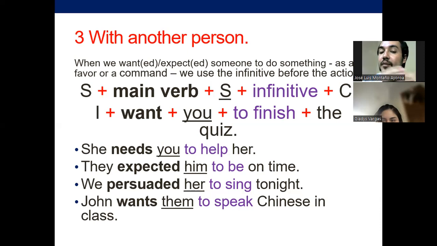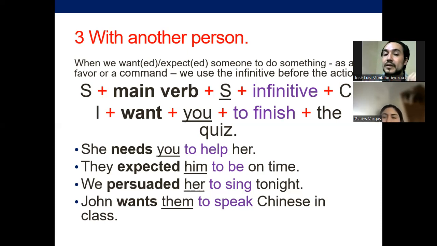Or you can say, my family expects me to be the best student in my class. And like that, when you have a person or a group needing, expecting, persuading, or wanting someone else to do something for them.